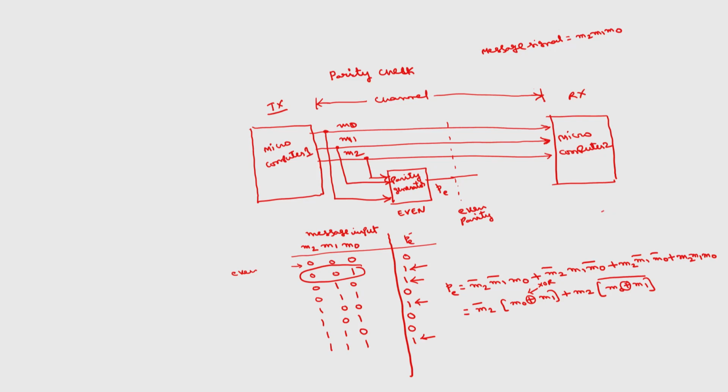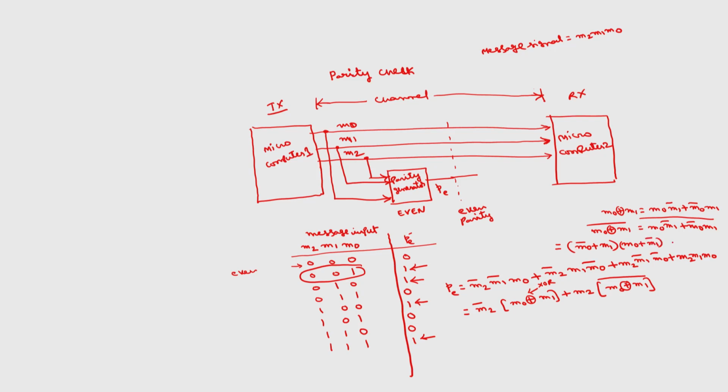Because we know that M0 exclusive OR M1 is M0 M1 bar plus M0 bar M1. If you take the complement of this one, it is equal to the complement of M0 M1 bar plus M0 bar M1. According to De Morgan's law, this is equal to M0 bar plus M1, into M0 plus M1 bar.